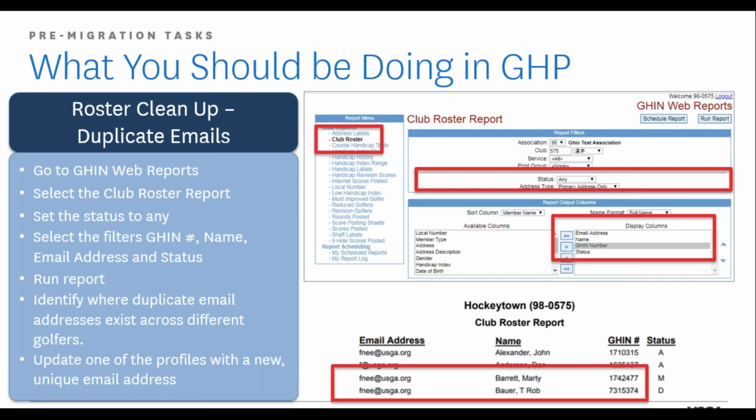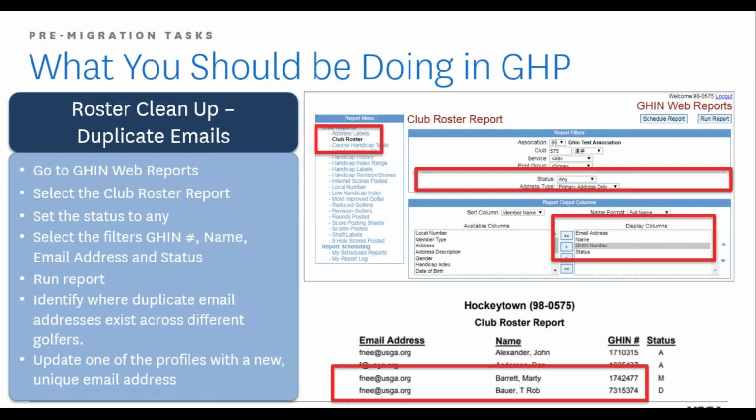So for status, I would suggest changing that to any, and then in the display columns, I would suggest selecting email address, name, GHIN number, and status, and then go ahead and run that report. You'll be able to export that report to Word or Excel if you choose to do that.